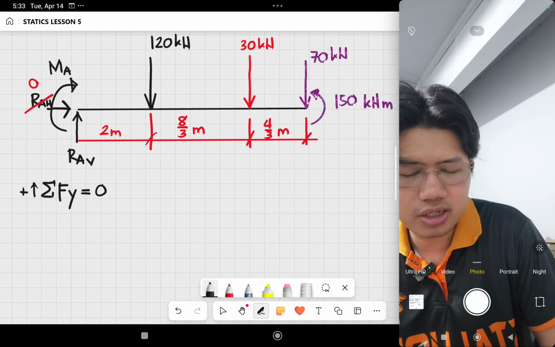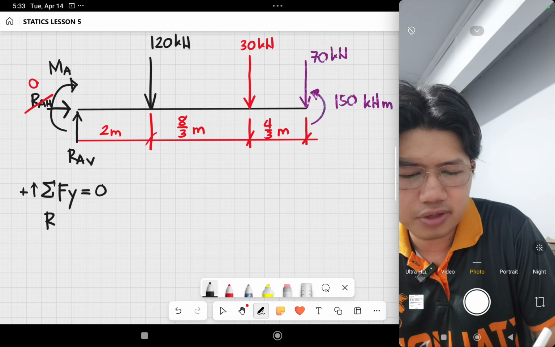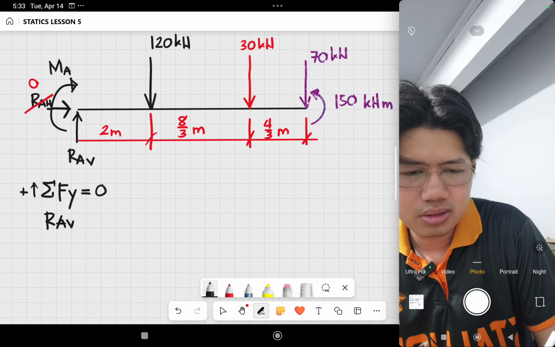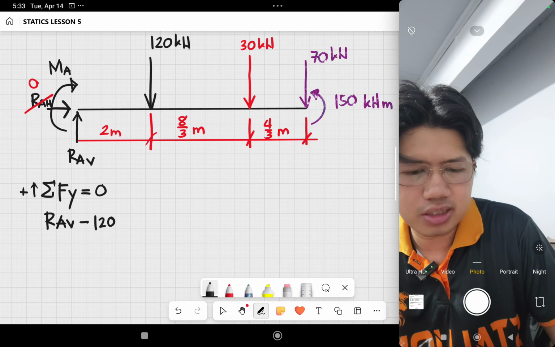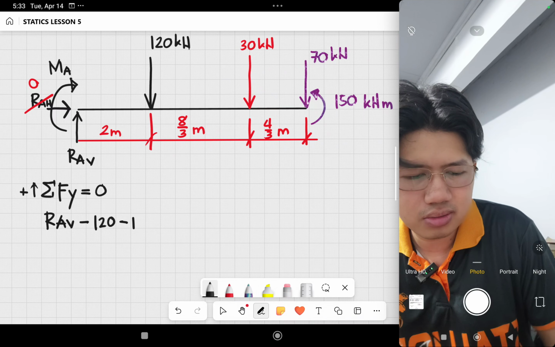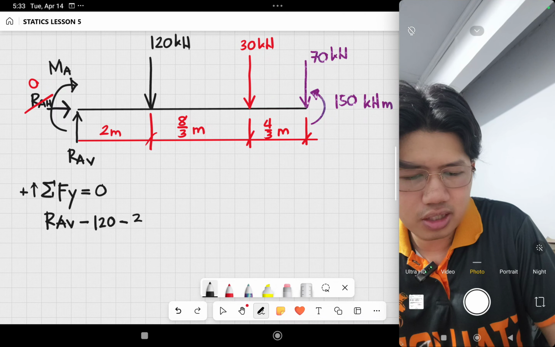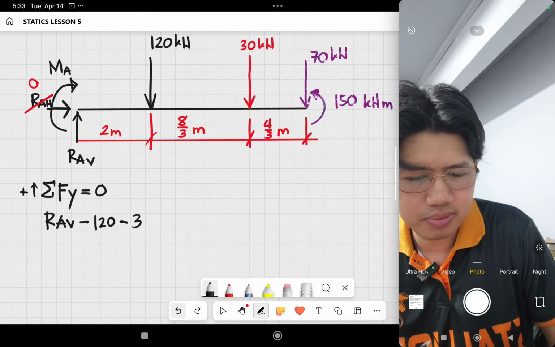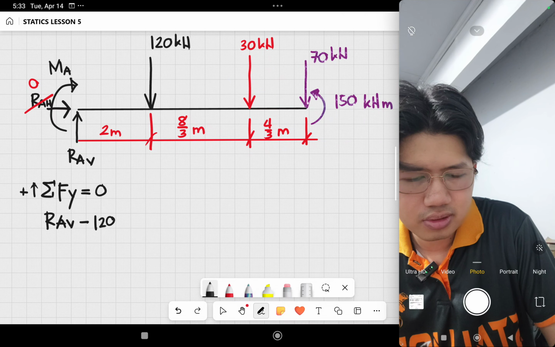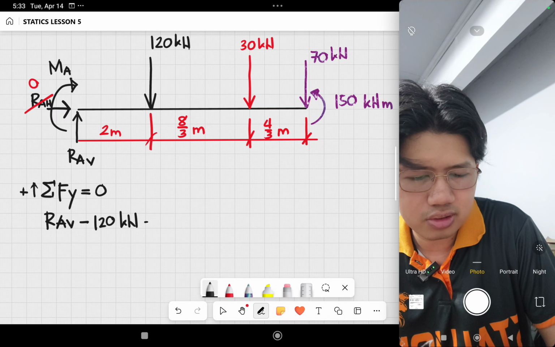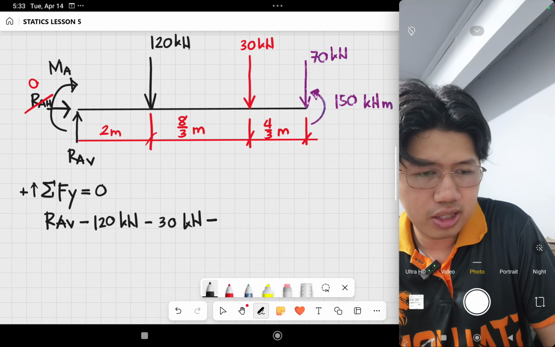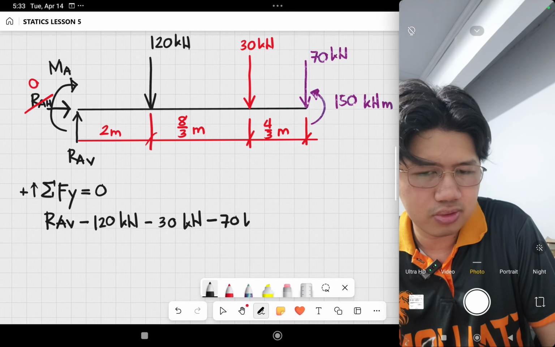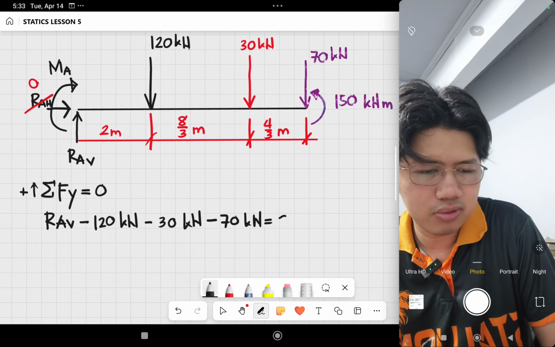So, lahat ng mga vertical force, so we have RAV. Okay? Positive. Then 120 kilonewton minus 30 kilonewton, and then minus 70 kilonewton. Equate natin sa 0.